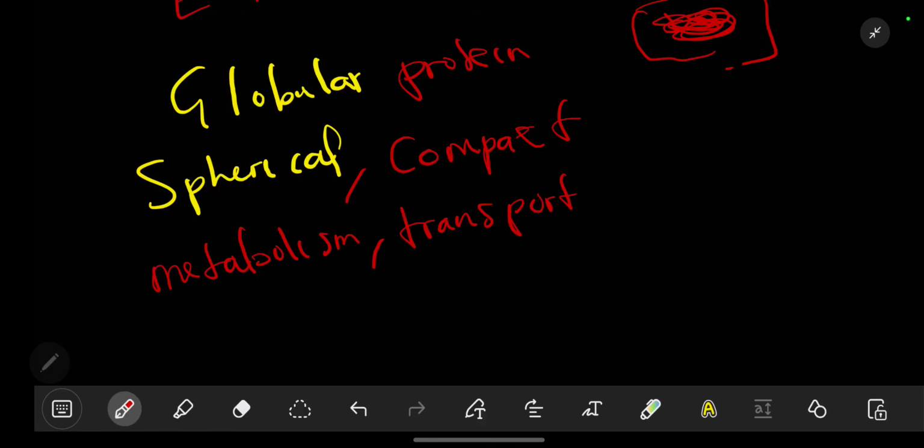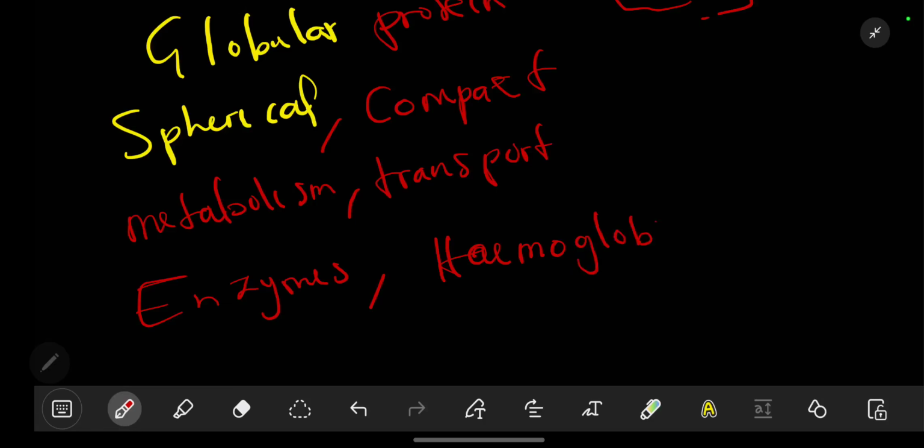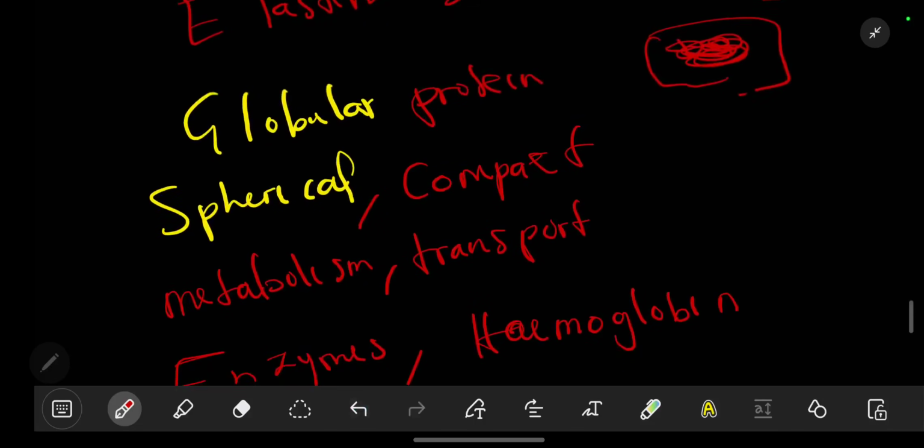The examples that we might have under this are enzymes, which are spherical, and haemoglobin, which is a part of the red blood cells. We might also have hormones such as insulin. These are examples of globular proteins.